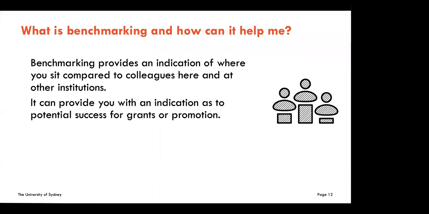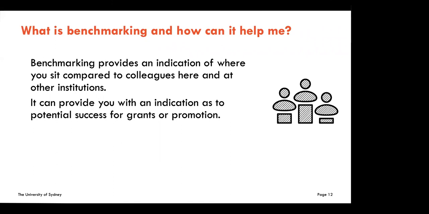So if you're going for a DECRA grant, for instance, we can run a benchmarking report comparing you to people who have been successful in DECRA in that FOR code across the last couple of years. So you can see where your track record is compared to those people.